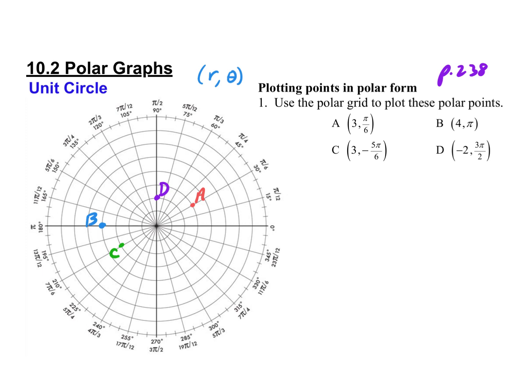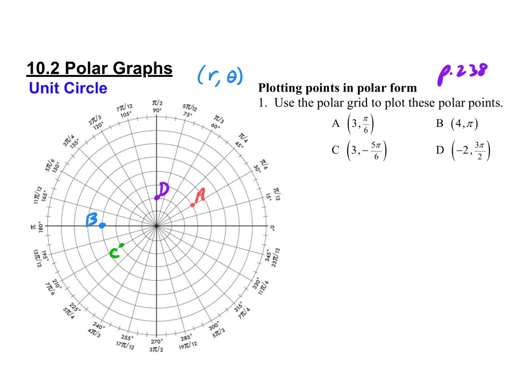However, since this thing is not labeled in negatives, you have to kind of work it backwards. Maybe you're going, all right, here's a pi over 6, so I'm going 5 of these. There's another one over here, and then you keep going until you get to 5. The other way you could do it is think about it sort of complementary.